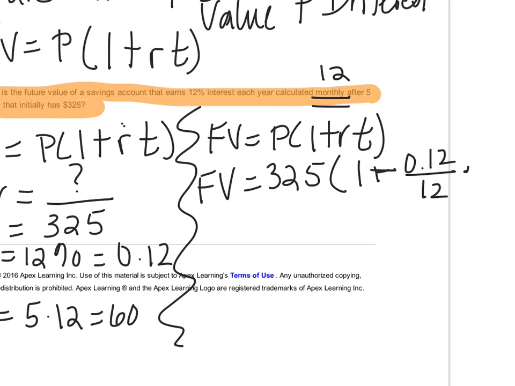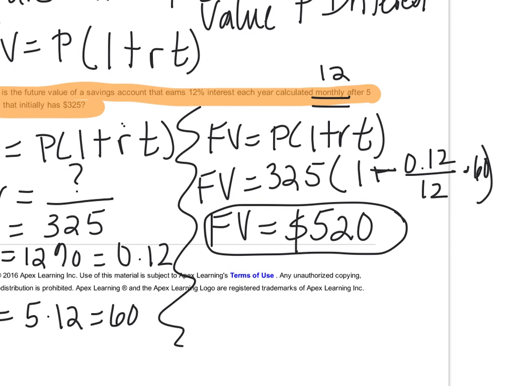Why 60? 5 times 12 is 60. That should be times 60 in parentheses. When you put this in your calculator, remember if you're struggling with 0.12 divided by 12, go ahead and simplify that before you plug it in. So the future value is equal to $520, and that's going to be your final answer there.